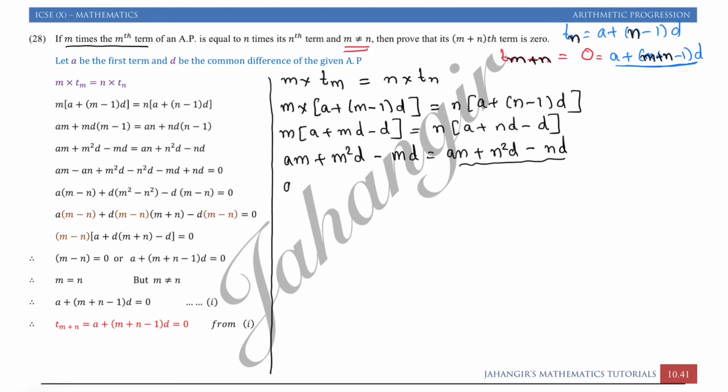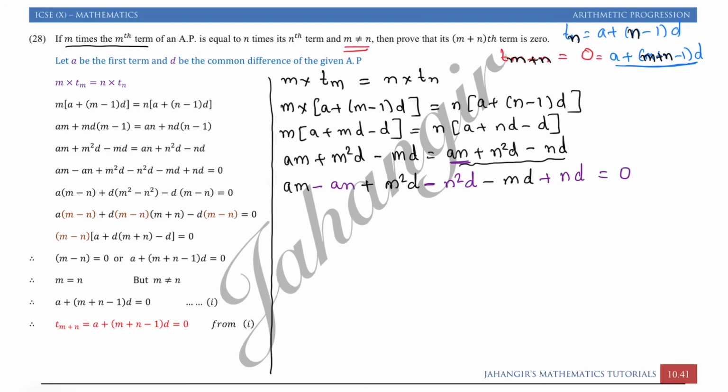So I can write am minus an, this an I had shifted, plus m square d, minus n square d, minus md as it is, plus nd is equal to 0.